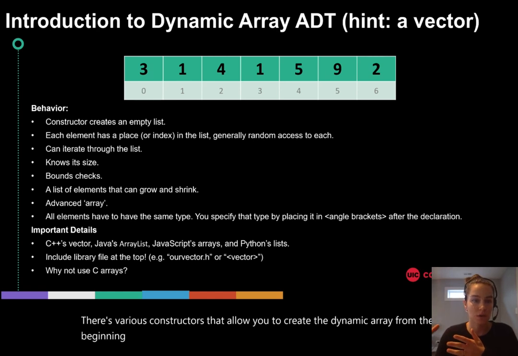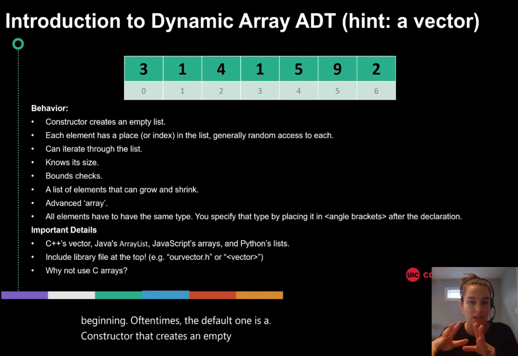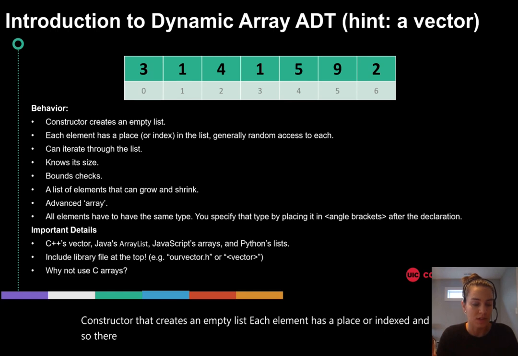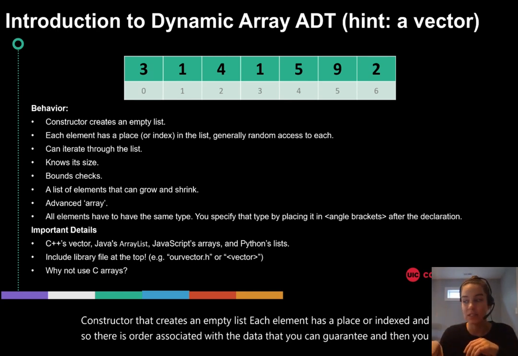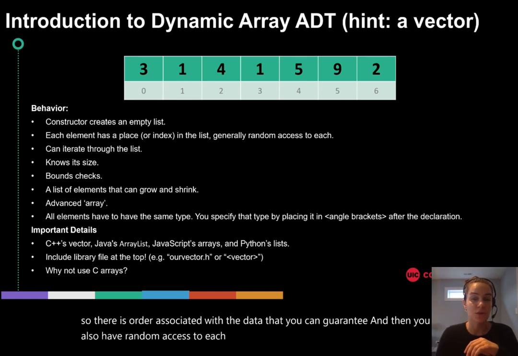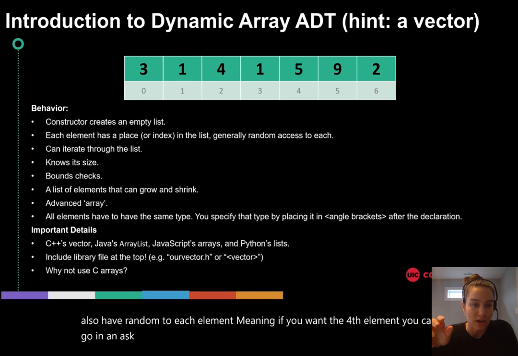Oftentimes the default one is a constructor that creates an empty list. Each element has a place or index, so there is order associated with the data that you can guarantee. And then you also have random access to each element, meaning if you want the fourth element, you can go in and access that directly. Because of that, you can also iterate through the list.